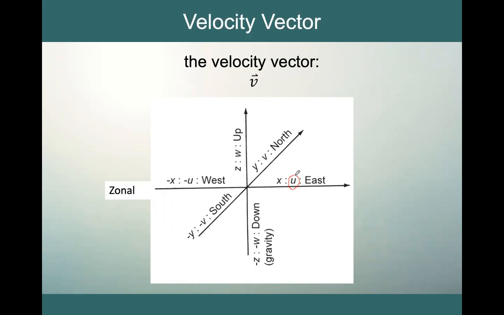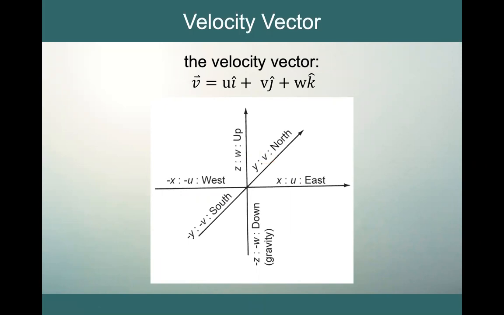In the north-south or y direction, our meridional direction, we call this component v. And in the vertical direction, the up-down z direction, we use w. So the 3 components of our velocity vector are u, v, and w.